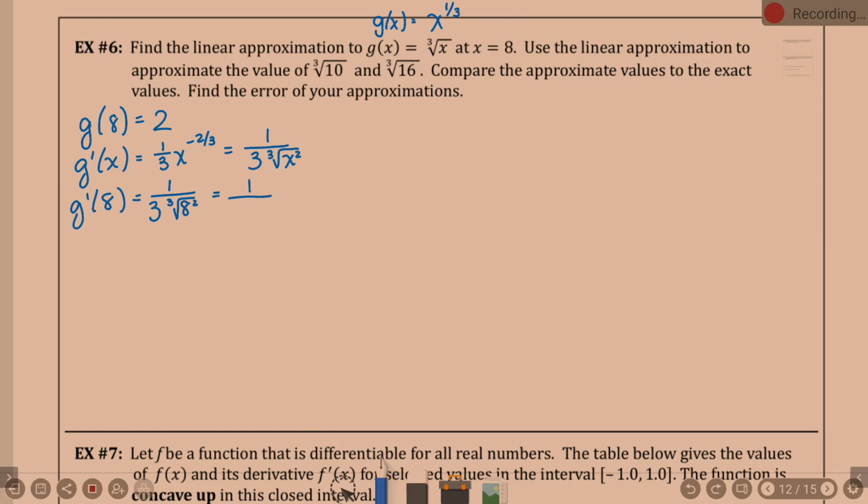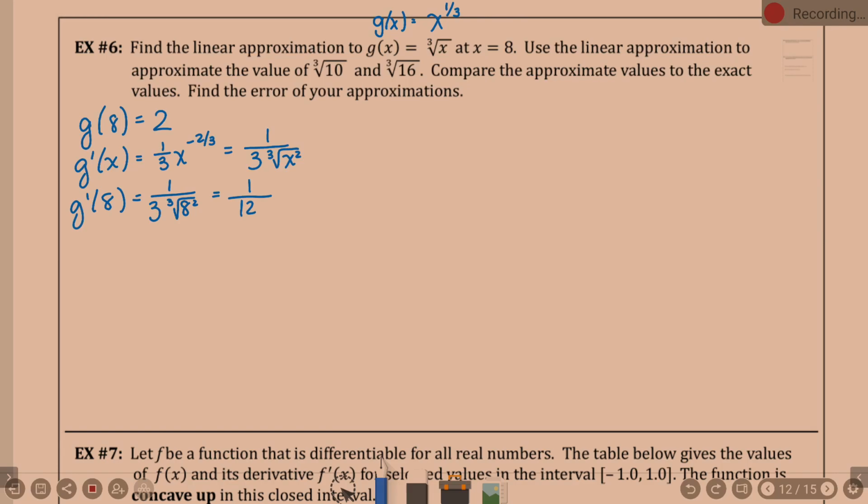I would do the cube root of 8 first, then square it, then multiply by 3. Either way, you're going to get 4, because if you just do the cube root of 64, it's the same. That is one that we know. We can do the cube root of 64. So 1/12?